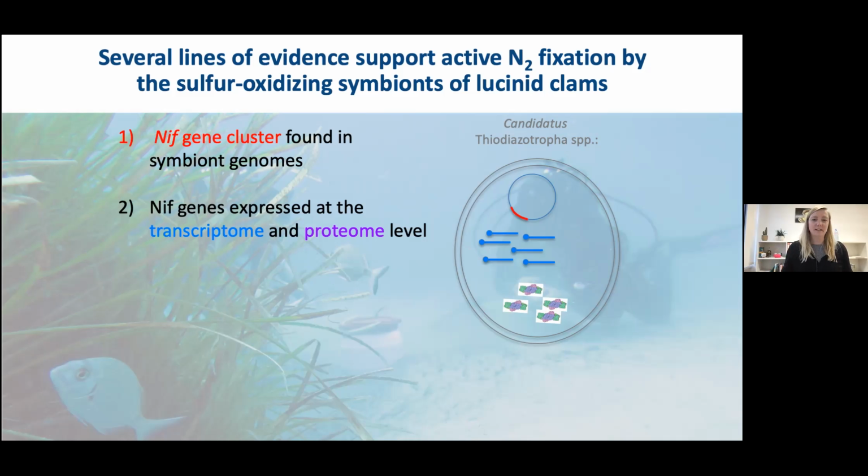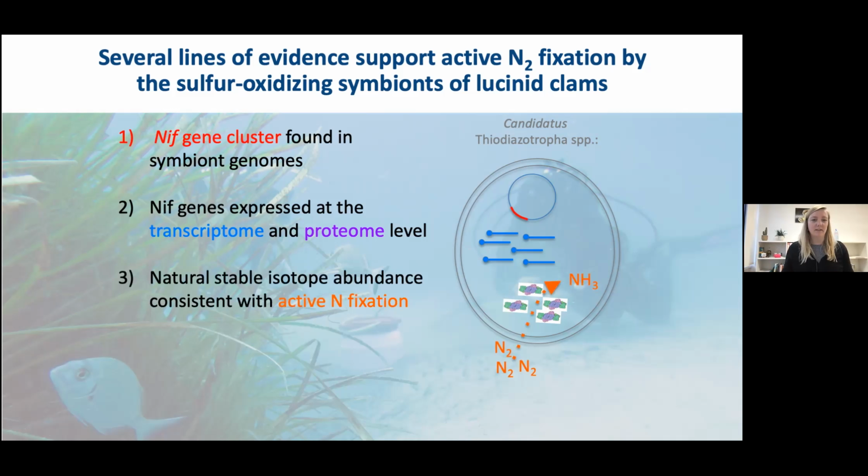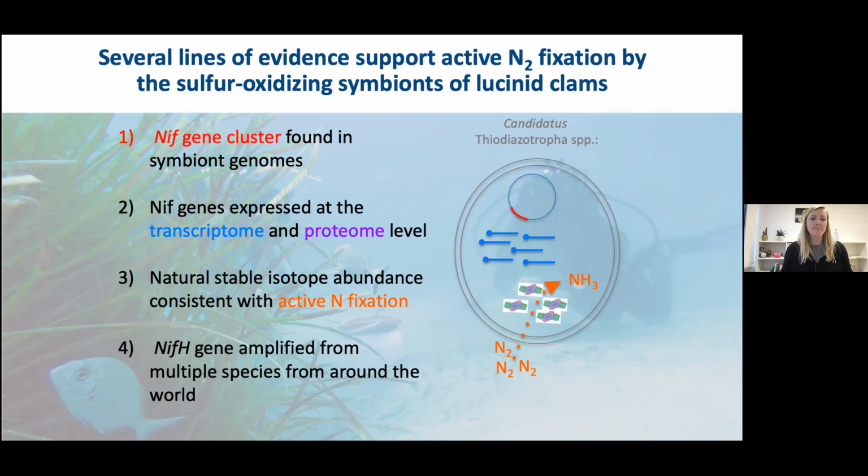So indicating that this nitrogen fixation capability was probably active in the symbiosis. I won't go into too much detail about the isotope data, but we looked at the natural abundance of stable nitrogen isotopes, and this was also consistent with active nitrogen fixation, providing a source of nitrogen to the host. Happy to go into that in more detail later.